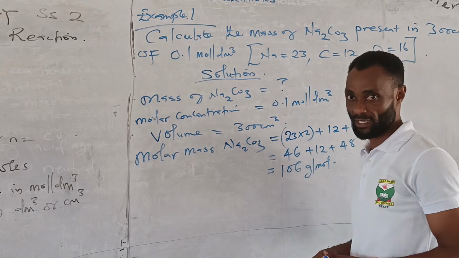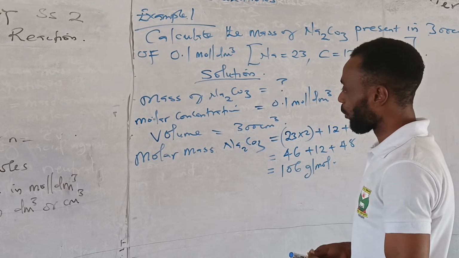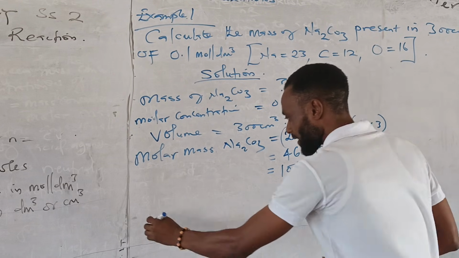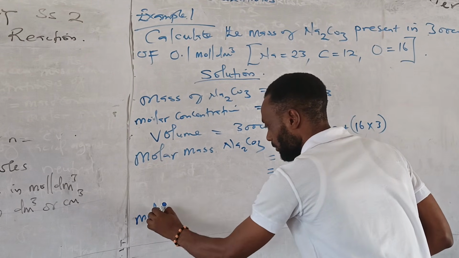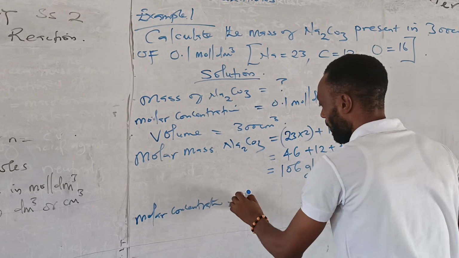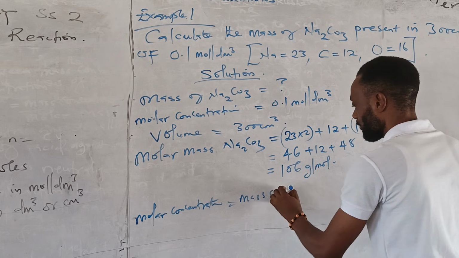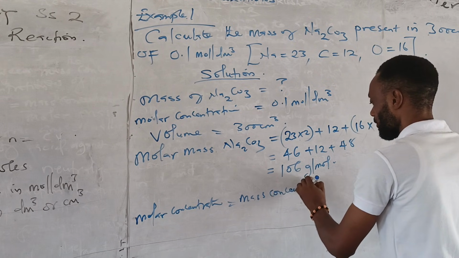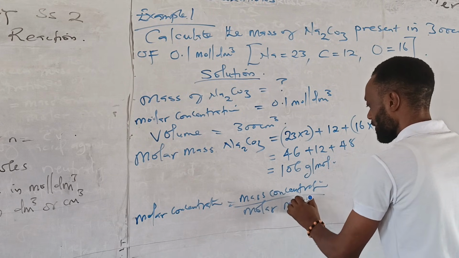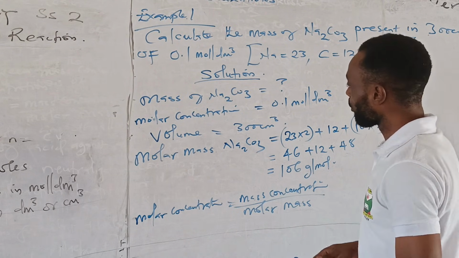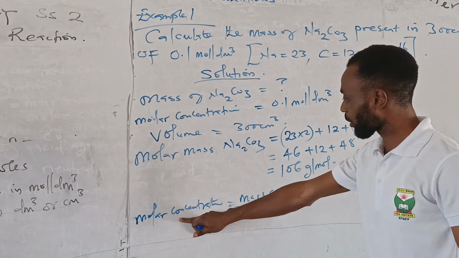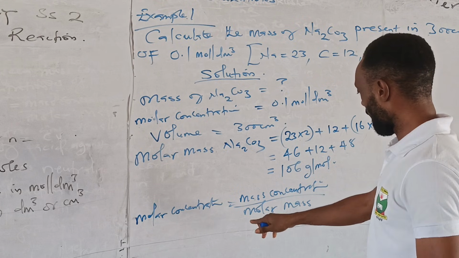This will come up later because we are going to use the first formula, which says that molar concentration equals mass concentration all over molar mass. Now, looking at the parameters, you can see that molar concentration is given to us.